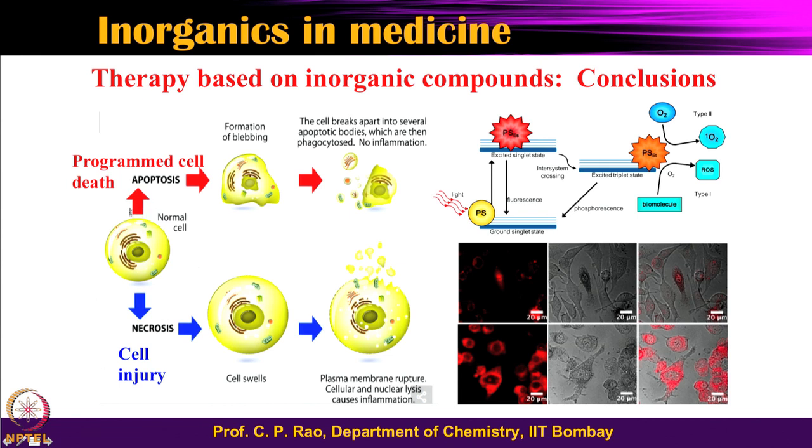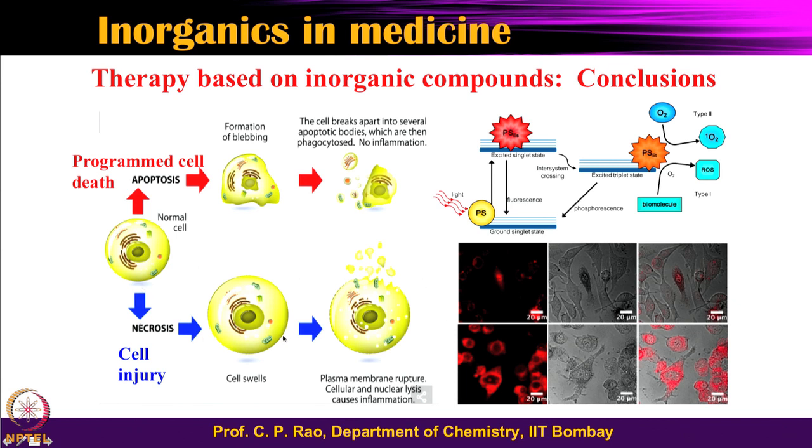In normal programmed cell death, you get the formation of blebbing, and then finally breaking into pieces, where the protein is made into pieces and DNA is made into pieces. All this comes by the signals that are given by different proteins, and these pieces are engulfed, and therefore no inflammation or any kind of problem will be created. So, it is a safe way of killing the cell.